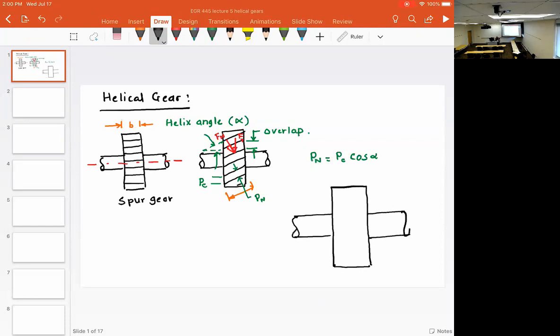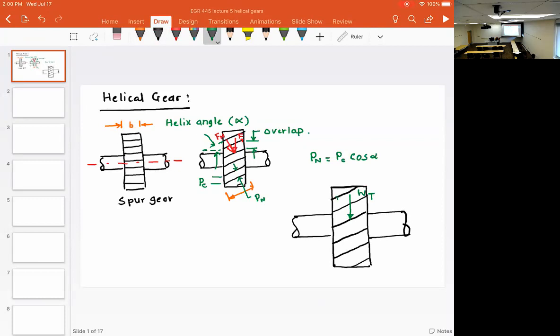If this is my helical gear, then Wt is obviously the load that is causing the torque, Wt.